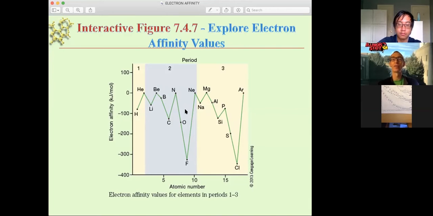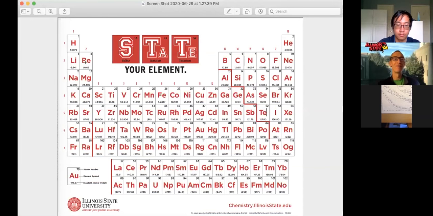And so going from left to right across a period of the periodic table, the electron affinity values are going to increase as a general rule of thumb. We've got metals with unfavorable, low electron affinity values, and non-metals with much more favorable, higher electron affinity values.